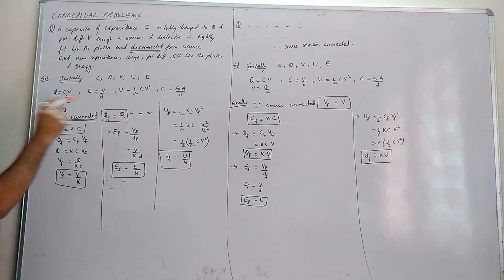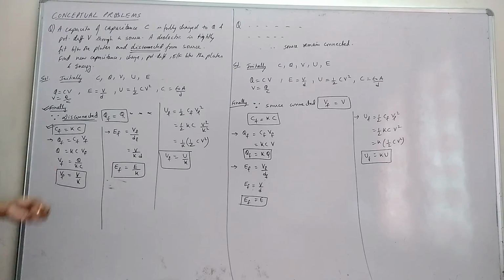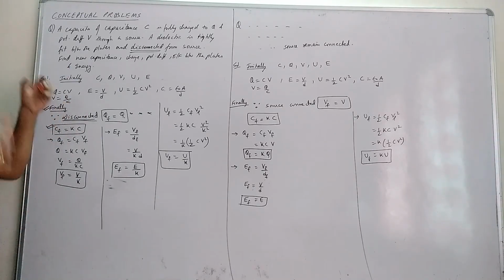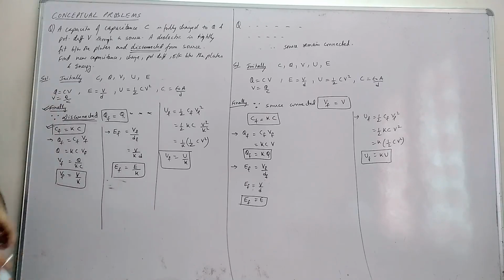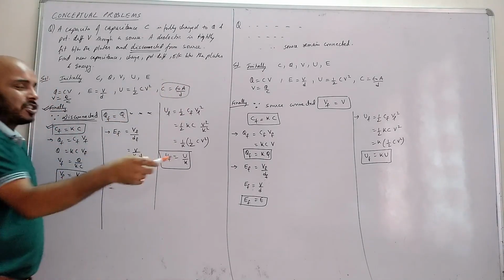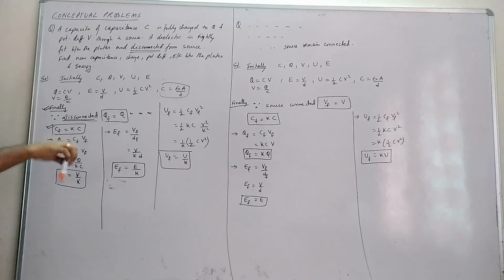Because disconnected, no extra charge can come. Is that okay, class? The initial charge and final charge will be the same. And capacitance, as soon as we put the dielectric, the capacitance increases, irrespective of whether it is connected to the source, because capacitance doesn't depend on the source. It depends on its construction. We are putting the dielectric, so it becomes KC.